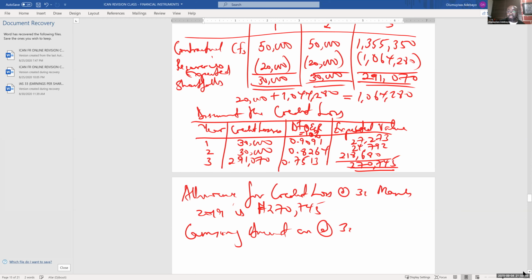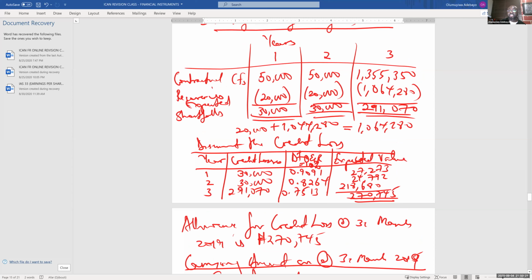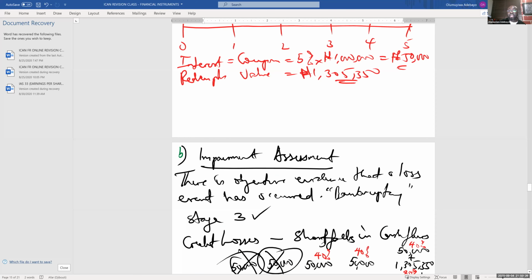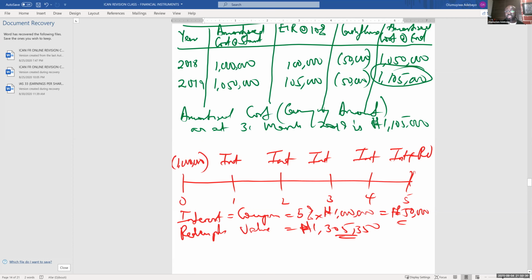The carrying amount as at that date, 2019, will be the gross amount. Remember, what was the gross amount? The gross amount is the amortized cost as at 31st March 2019, which we derive here to be 1,105,000.